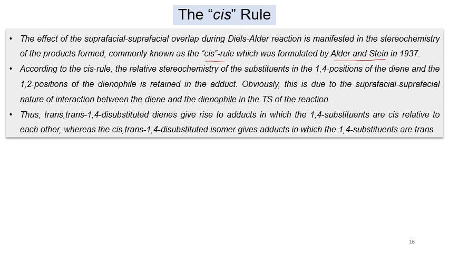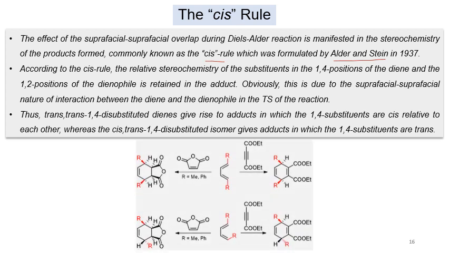According to this rule, the relative stereochemistry of the substituents in the 1,4 positions of the diene and the 1,2 positions of the dienophile is retained in the adduct. Obviously, why is this? This is because of the supra-supra interaction between the diene and dienophile in the transition state of the reaction.